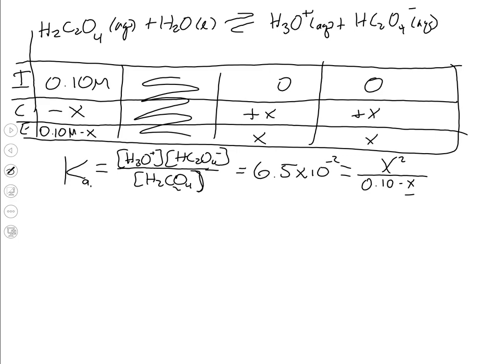For the sake of time today, I'm just going to tell you what the answer is according to the quadratic, just to save us some time. The answer according to the quadratic is x is equal to 0.054 molar. Now we're going to plug that into our table up here, for all of our x's.